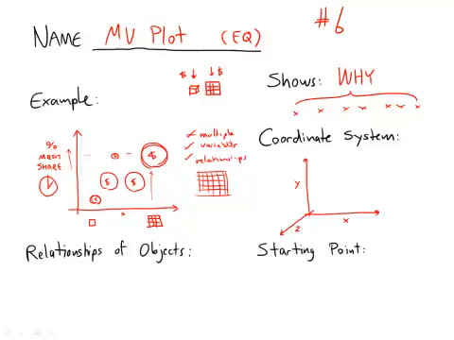Remember, the reason why we call this a multivariable plot is because we're not just comparing x and y, we're also comparing z's or a's and b's and c's and 1s and 2s and 3s. We're going to figure out some way to force all of these things together onto that coordinate system so we can look at the relationships between them.